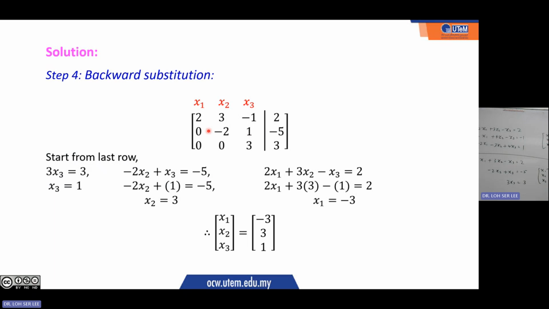Then from the second row, you have -2 x2 plus x3 equals to -5. Okay, and substitute x3, solve for x2. And the first row means 2x1 plus 3x2 minus x3 equals to 2. Okay, so when you know x2 and x3 values, you know what is your x1. And finally, display your final answer in the vector form.